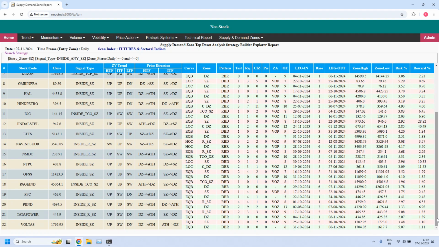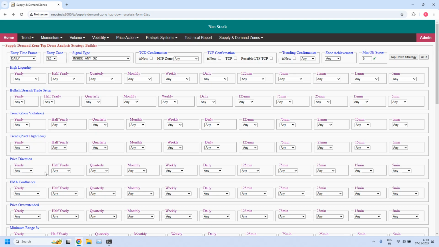If these supply zones are having an EMA Confluence, you can plan your trade setups, high probability setups. So in the EMA Confluence at a daily time frame, daily supply zone with daily EMA Confluence, and the trend on daily time frame should not be sideways.